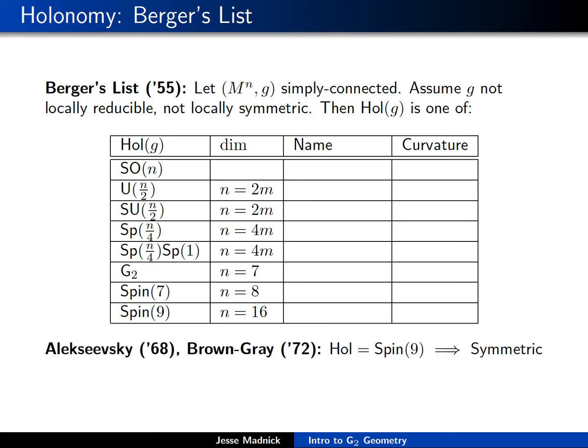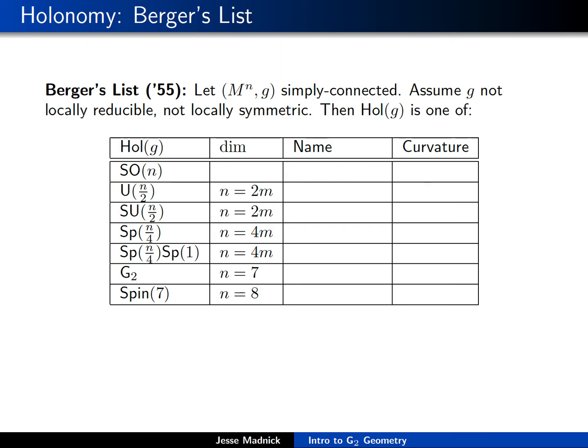And in fact, one of the first results was this, proved by Alexievsky and also by Brown and Gray. If the holonomy group is Spin(9), then in fact the metric has to be symmetric. So what that means is that the Spin(9) case really shouldn't be there. So it's natural to think that maybe G2 and Spin(7) don't belong there either.